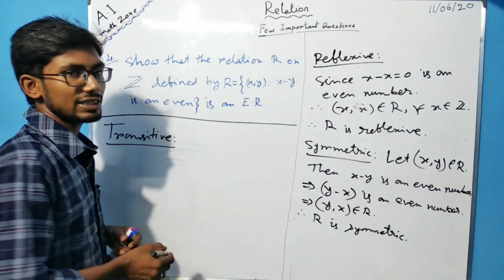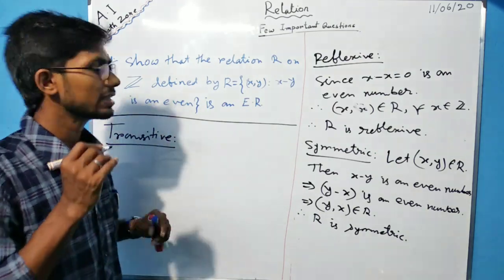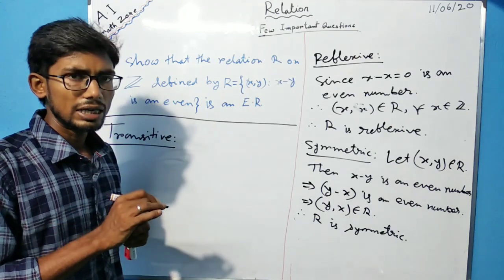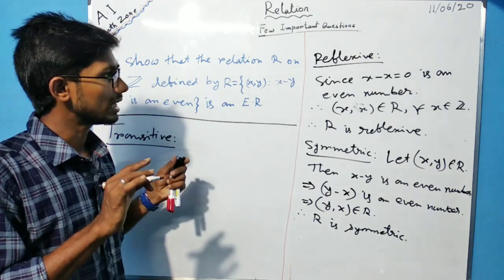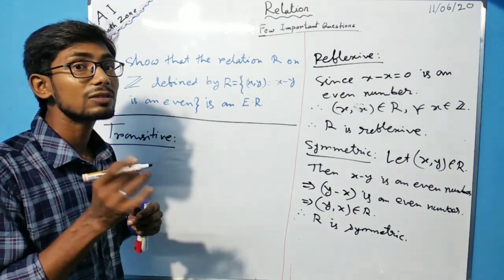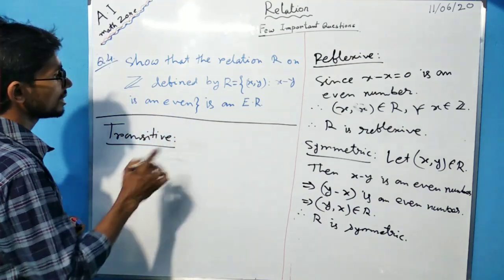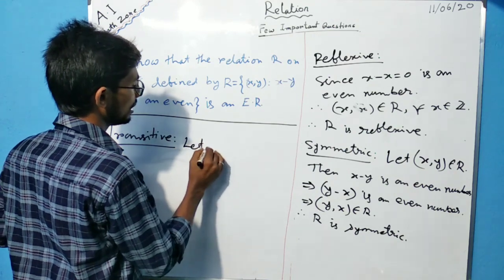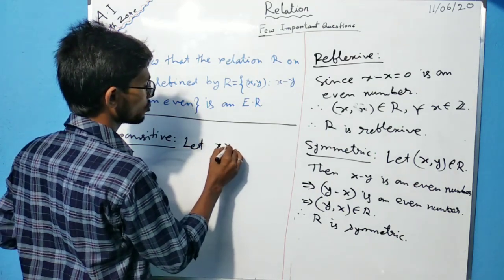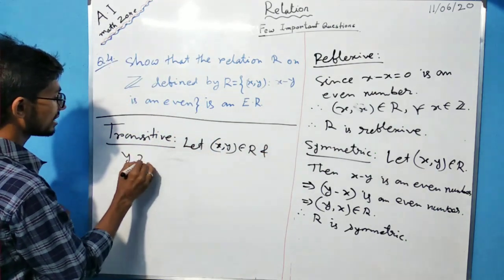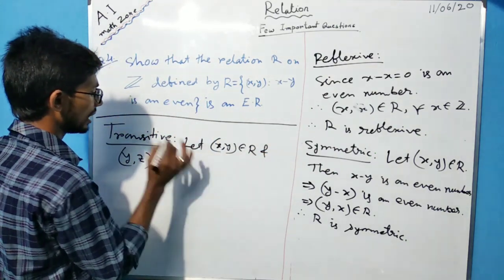So transitive का definition क्या था? अगर (a, b) belongs to R and (b, c) belongs to R, then (a, c) belongs to R. अगर एक कंडीशन सेटिस्फाई करता है तभी उसको हम ट्रांजिटिव बोलते हैं, राइट? So let (x, y) belongs to R and (y, z) belongs to R, right?